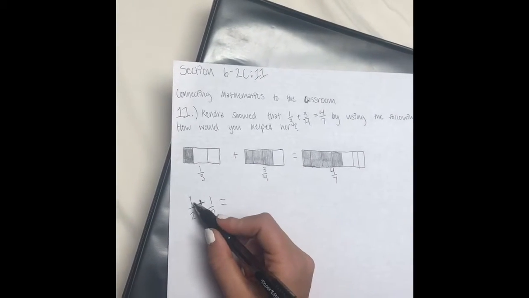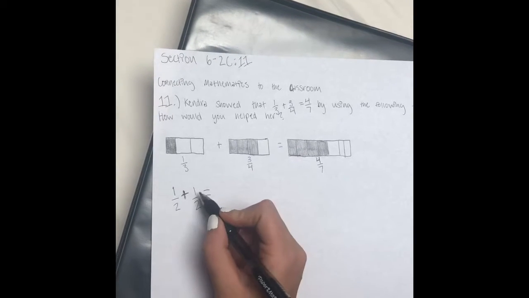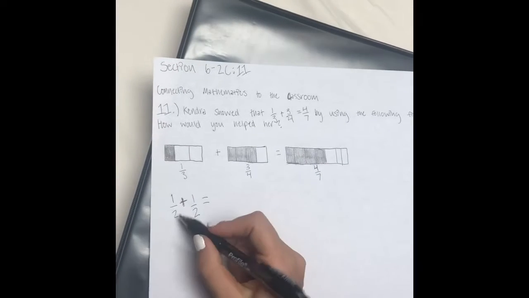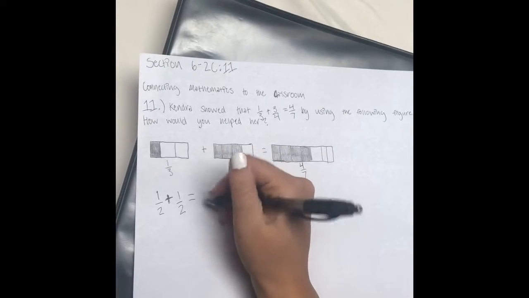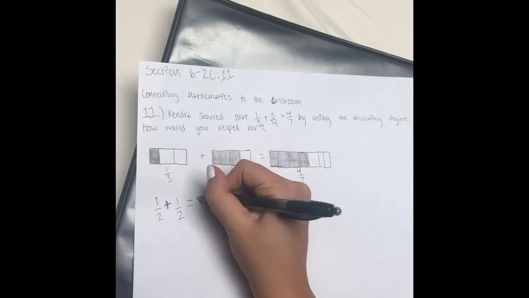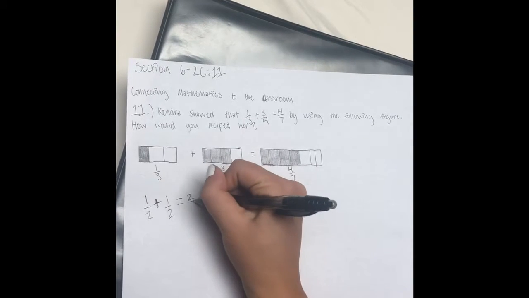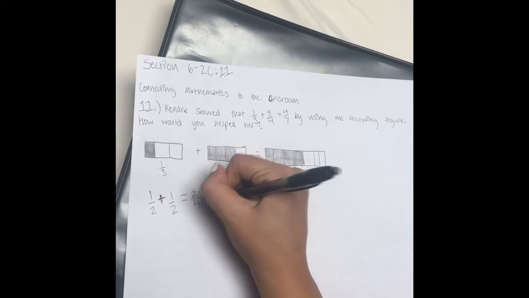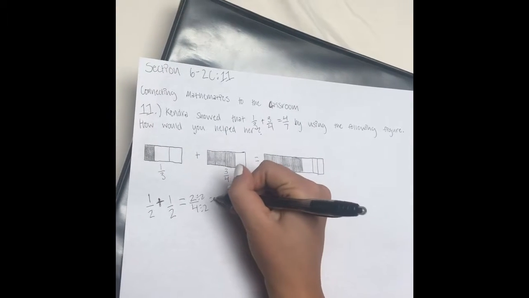So if we add both the numerator and the denominator, you would think, okay, 1 plus 1 equals 2, and then 2 plus 2 equals 4. Well, after that, we can simplify that, and that ends up being 1/2.